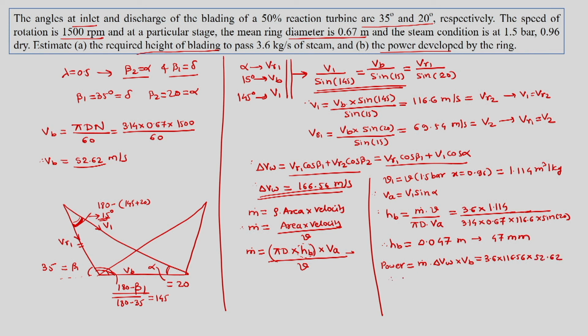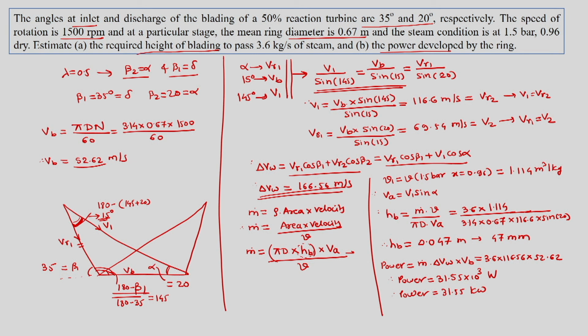So we have the answer: power developed will be 31.55 into 10 to the power 3 watt. So power is equal to 31.55 kilowatt.